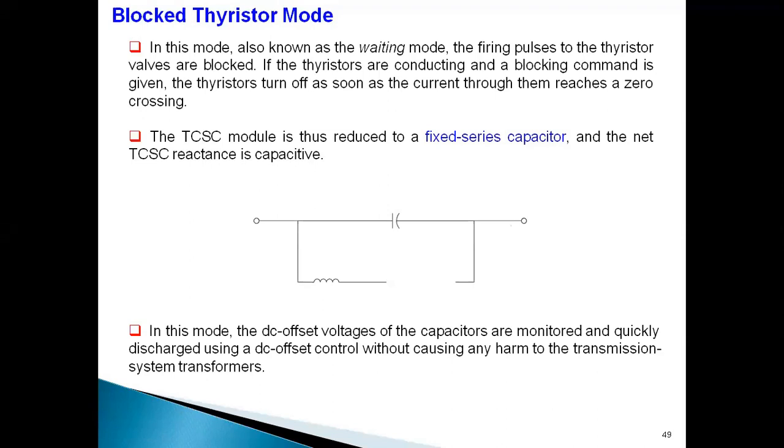Then only a fixed series capacitor remains, because the inductor part is open circuit. So only the capacitor effect is there. The net TCSC reactance is capacitive, whereas in the previous case it is inductive.